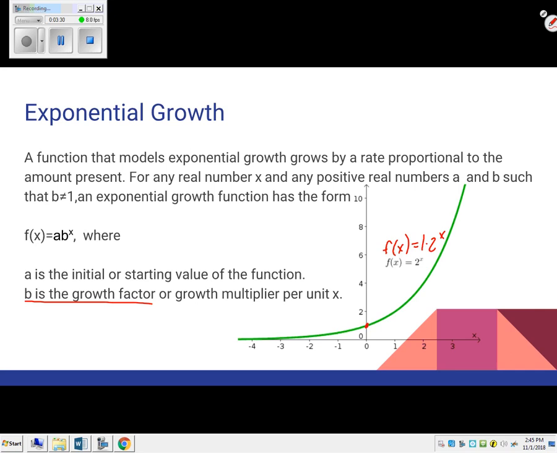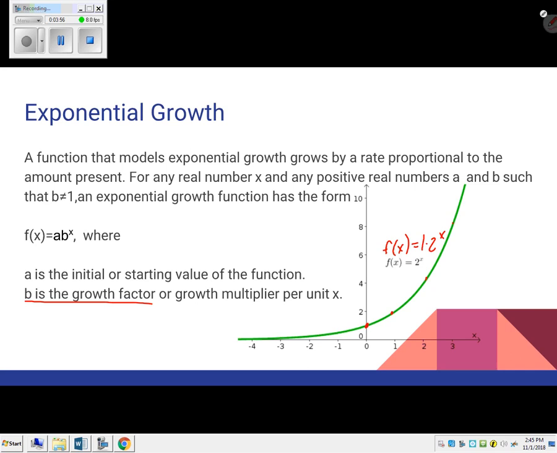And then whatever's being raised to a power, in this case 2, just tells me how fast this graph is going up. It looks a lot different than other things we've graphed this year, just with how fast it's increasing. So that 2 just means that after every unit right here, it's doubling to get to the next one. It just keeps going up. So that's called my growth factor.